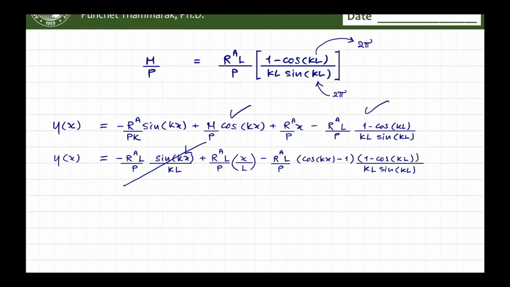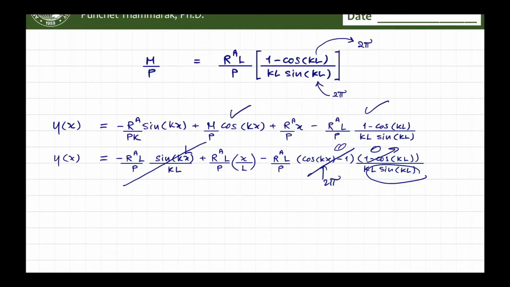Cosine kl, which is cosine 2 pi, is equal to 1. 1 minus 1, 0. So we have double 0 up here, divided by 0 there. I think this whole thing, if you evaluate seriously by L'Hopital's, you get 0.